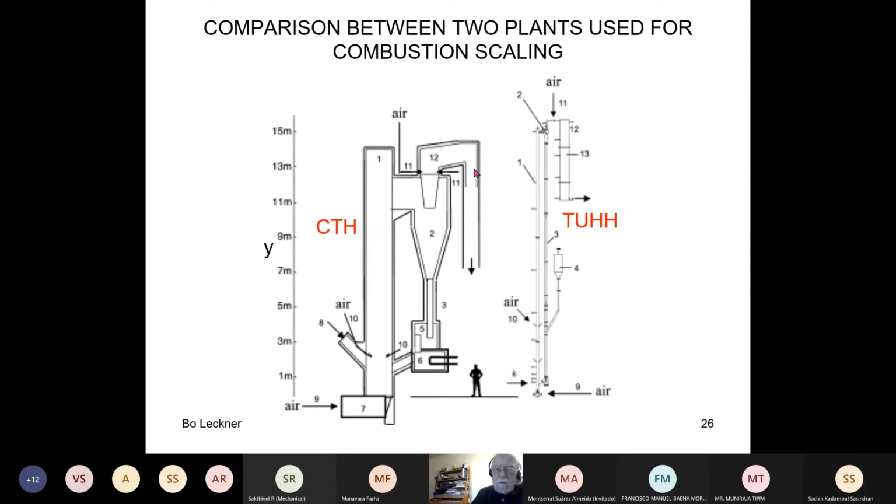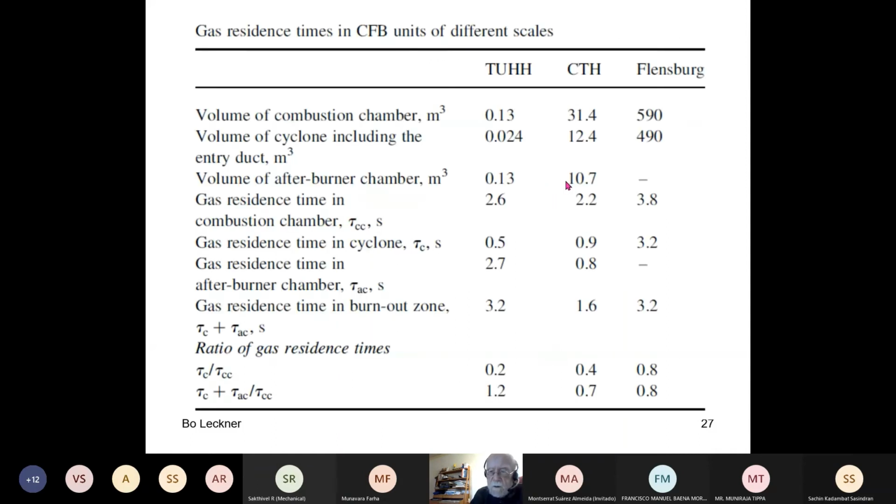We call this an afterburner chamber, and here an afterburner chamber was added. So the volume of that was also of interest. Of course, ours were much larger than this one.